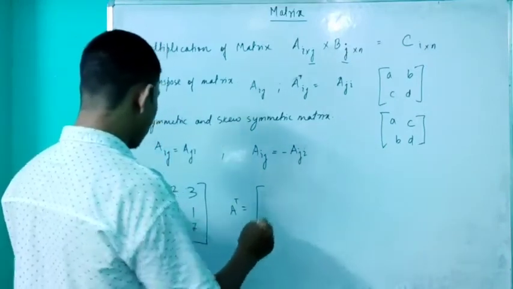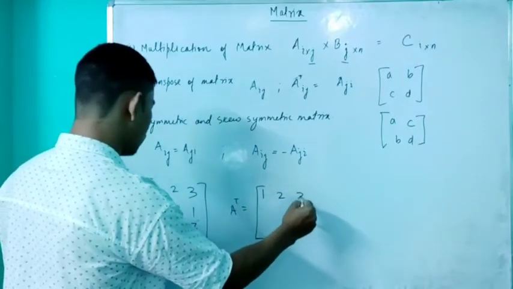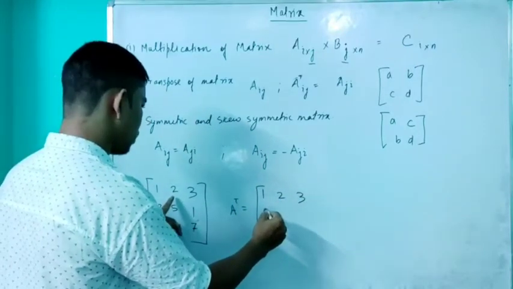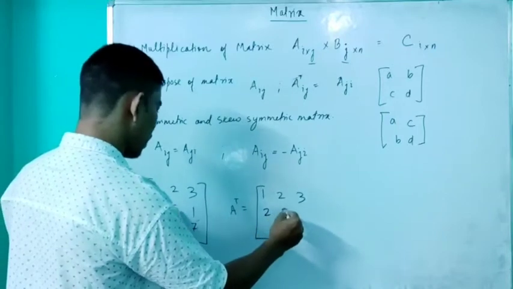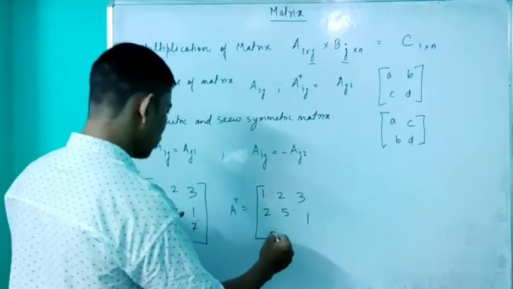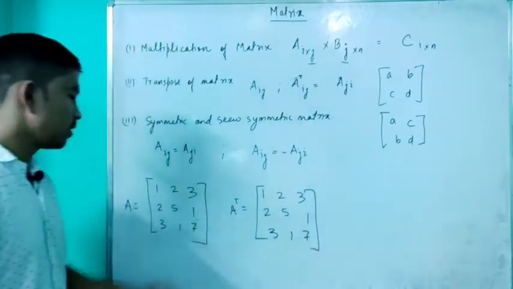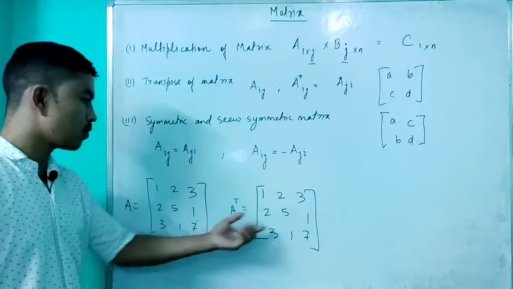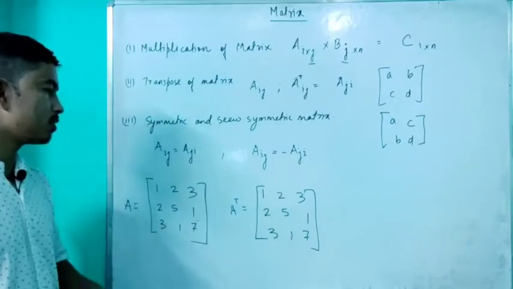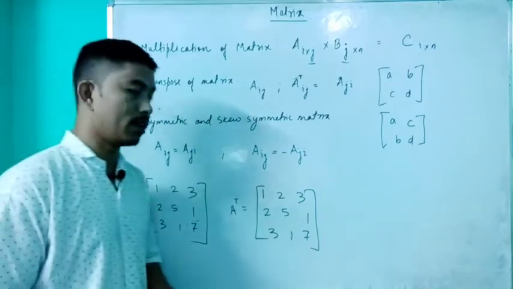I'll write this one as a row now, so it will be 1 2 3. The second is 2 5 1, and the third will be 3 1 and 7. If you see, the matrix obtained by interchanging the rows and columns is the same as the given matrix itself. Therefore the matrix A is said to be a symmetric matrix.